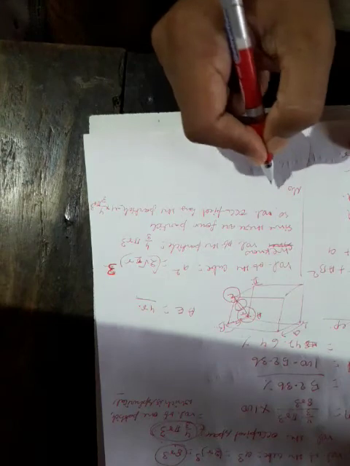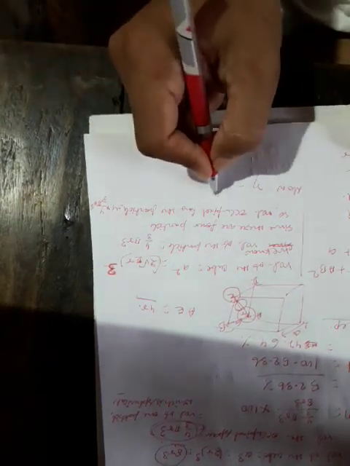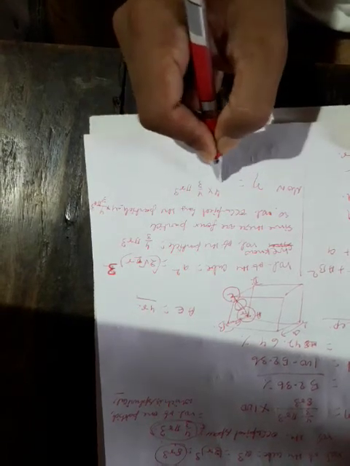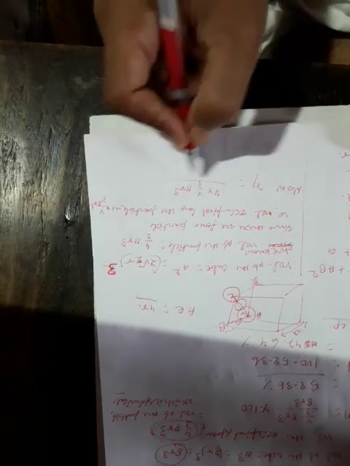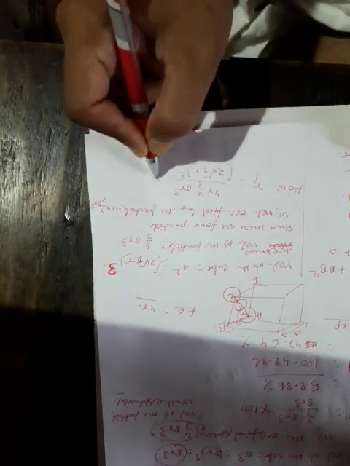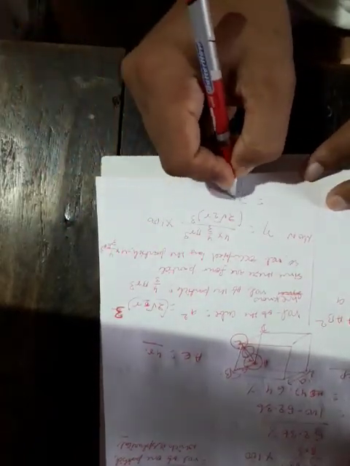Now packing efficiency will be calculated by 4 into 4 by 3 pi r cube divided by 2 root 2 r whole cube into 100. When this value is solved, we will find 74%.